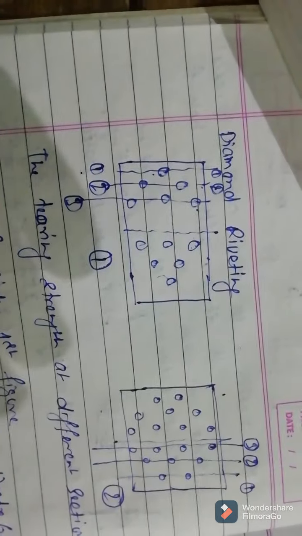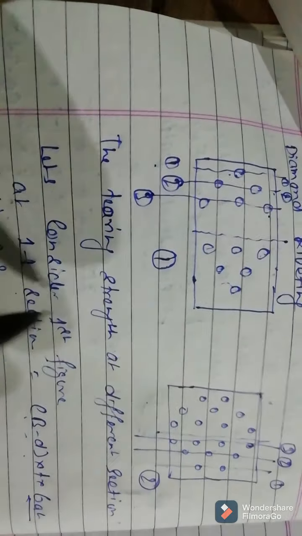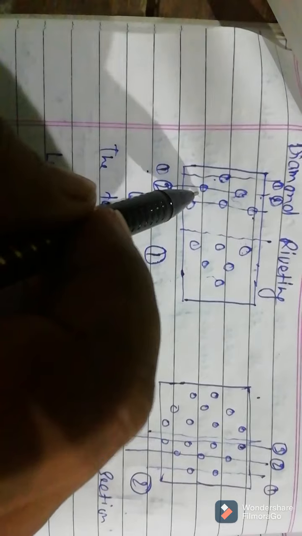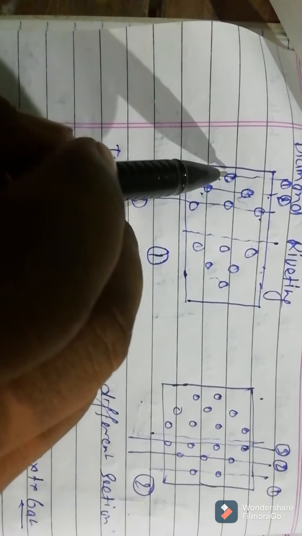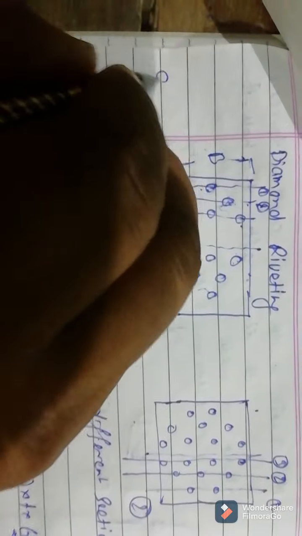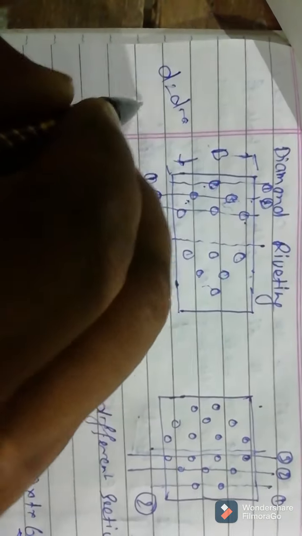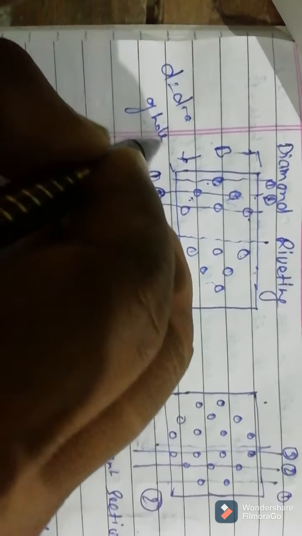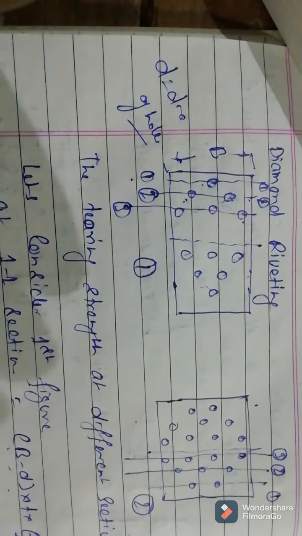So now at the second section, you see that 2 rivets are applied, and before that 1 rivet is used. If this is your B, the width of the plate, the net section is B minus 2d, where d is the diameter of the hole, that is the gross diameter.